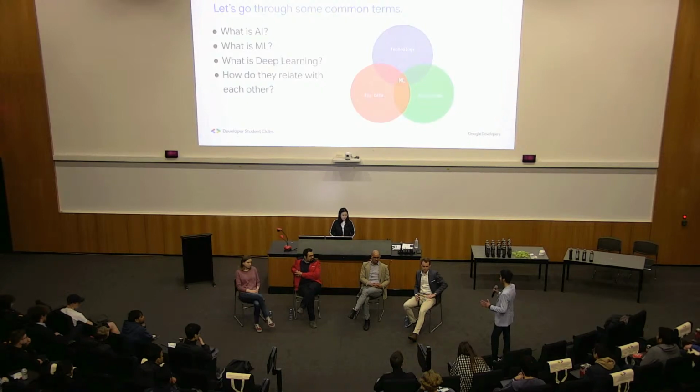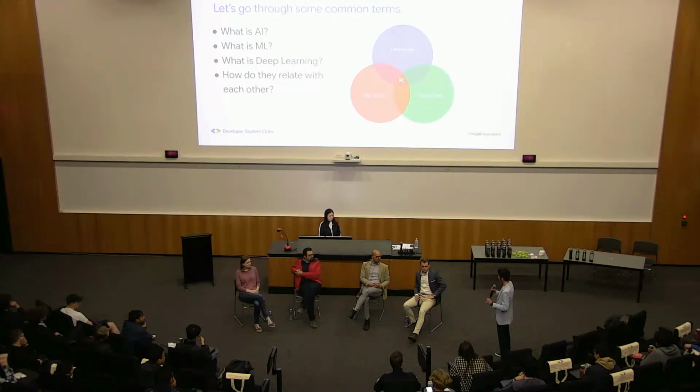What Google wants and intends to do is to bridge that gap, even with developer student clubs and everything else. They want to make people understand that, as Samuel Marks said, you don't always need a PhD, but it's all about actually understanding the applications and putting them from theory into practice. What are your takes on this?